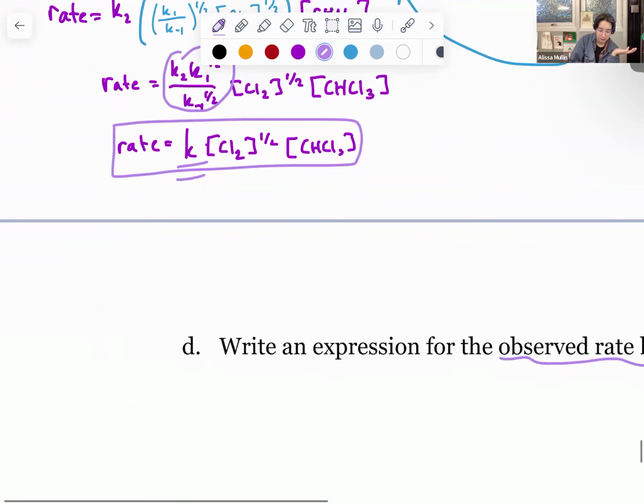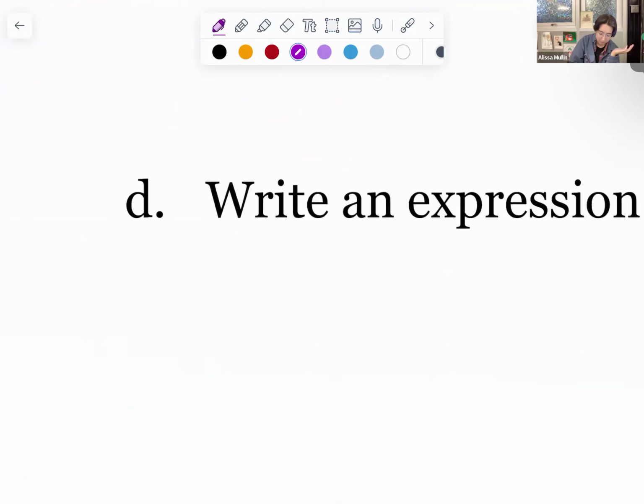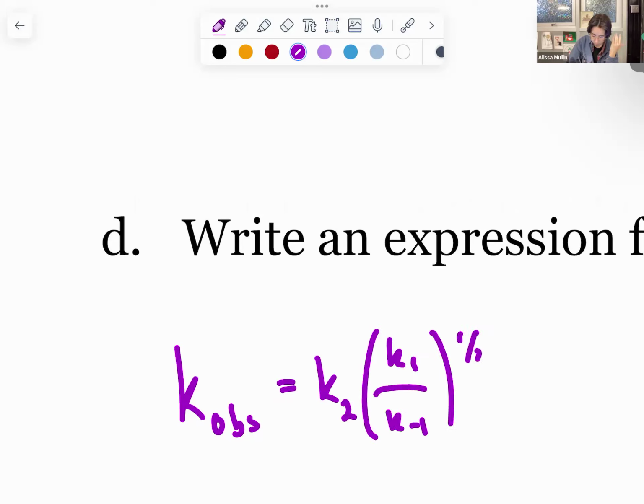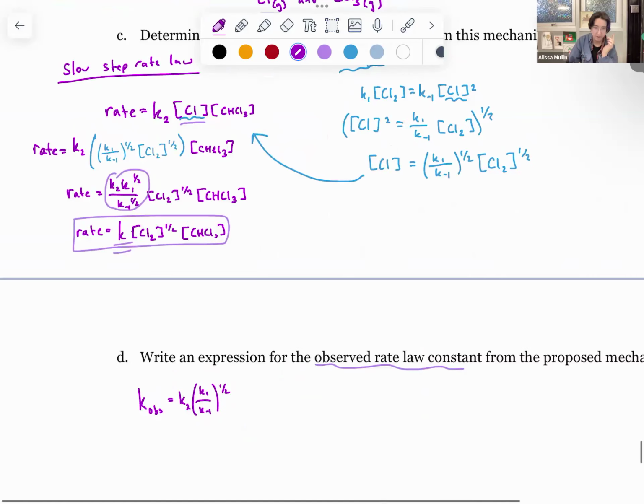If you want to just pretend they're all one K, you can equate those in your minds. But if you want to write an actual expression, it would be related to the Ks from all of those steps. So, what is our K composed of?